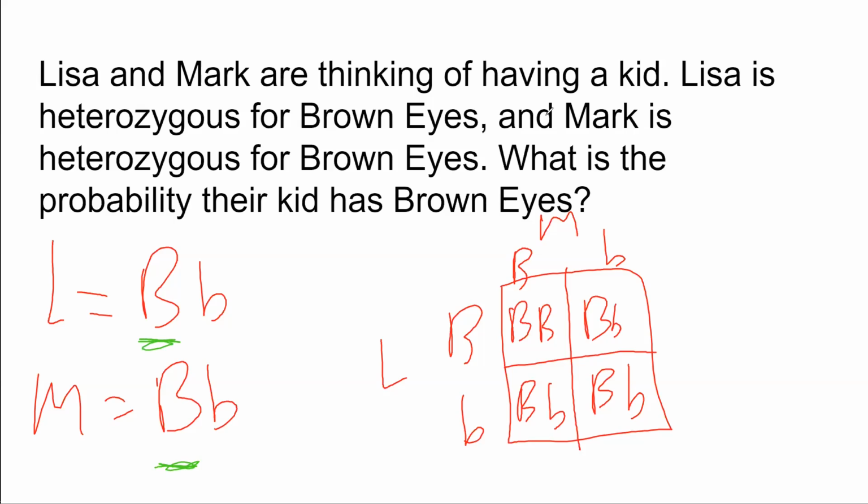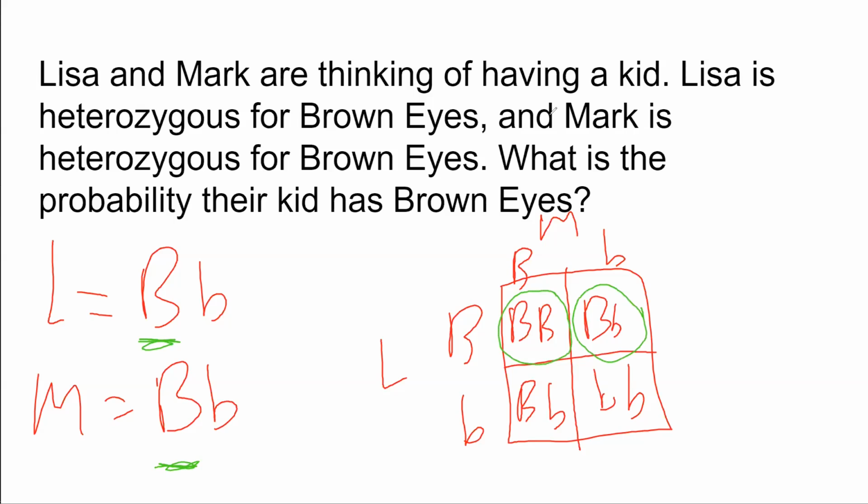Sorry, I made a mistake. So we know that brown eyes is going to be whatever is dominant in this case. So this is going to be dominant because it has a dominant allele.